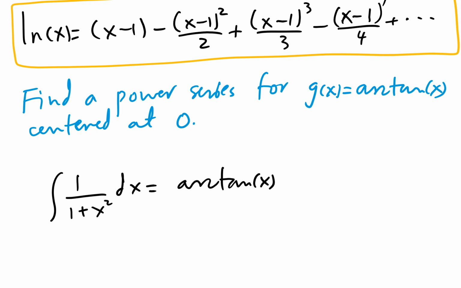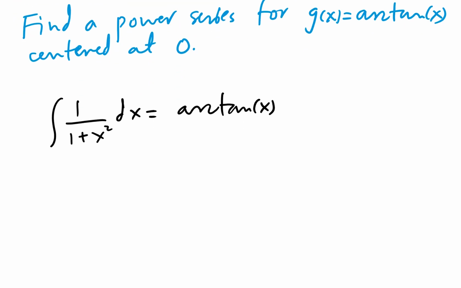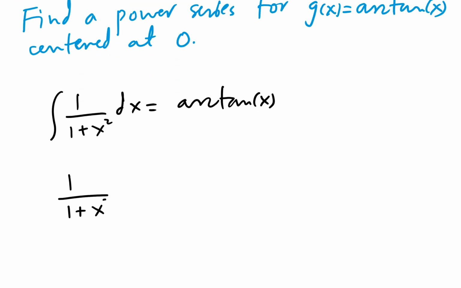So then I'm going to start thinking about 1 over 1 plus x squared. I can rewrite it as 1 over 1 minus negative x squared, right? Now I can do the power series representation so easily, because now I know what r is. R is negative x squared.